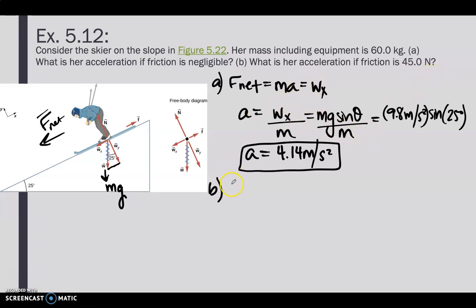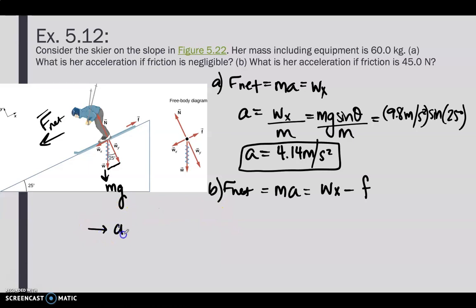Okay, so now our net force will again be equal to ma, and we have our x component of the weight, but now we have that friction involved. So let's go ahead and solve for our acceleration here.